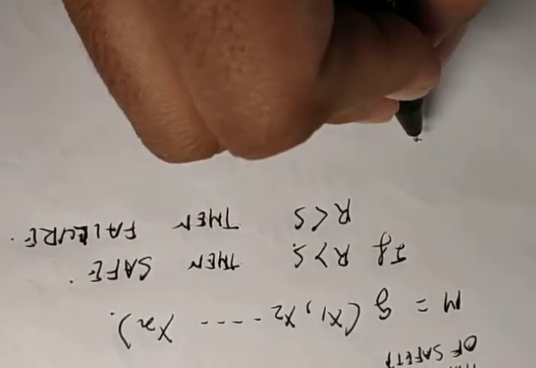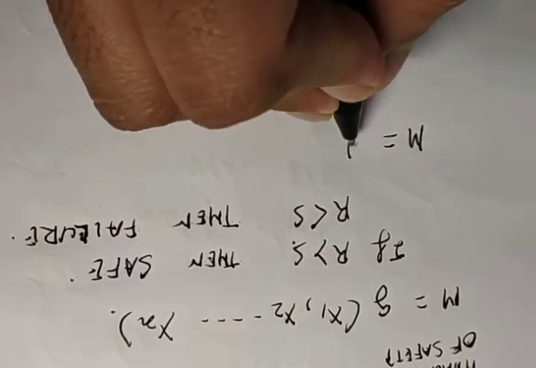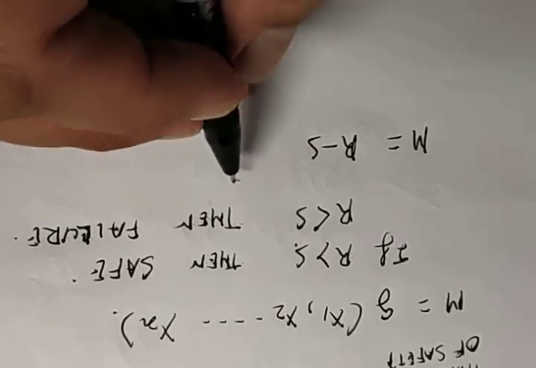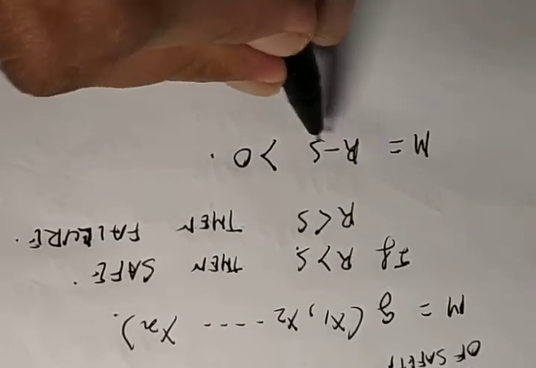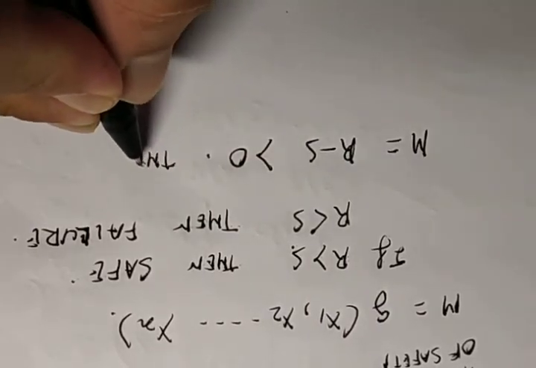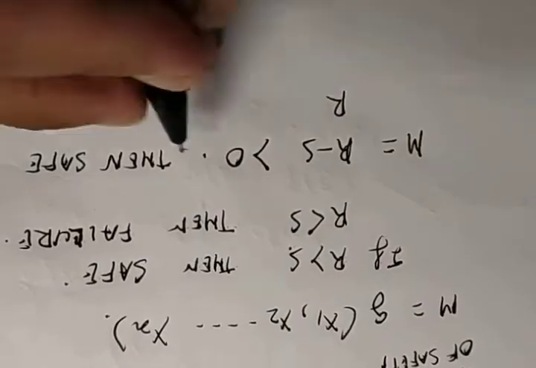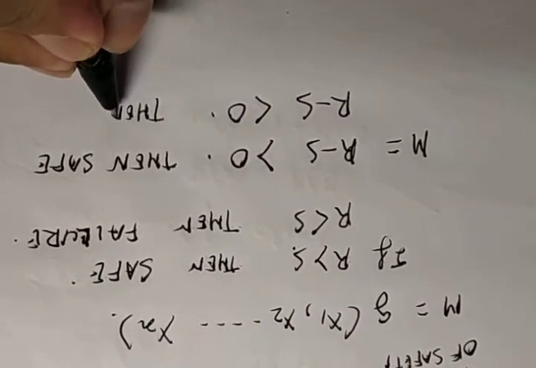So in that scenario, what do I have? If M, which is R minus S, is greater than 0, which means R is greater than S, then I have safety. We have already discussed a little bit of this before. And if it is less than 0, then it is failure.